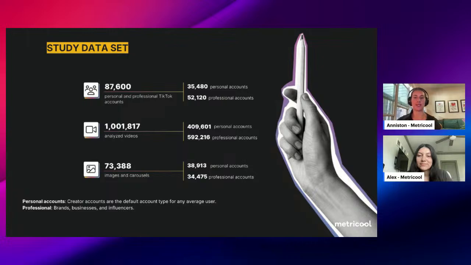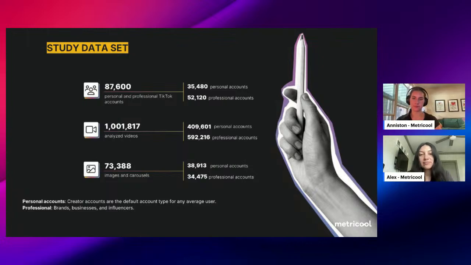So this is considered a personal account, and professional accounts are for brands, businesses, and influencers. So when we're referring to personal and professional accounts, this is what we're alluding to. It can get a little bit confusing because creator accounts are personal accounts, but just keep in mind if you are using TikTok for your brand, your business, or if you're a content creator or influencer, you more than likely will fall under that professional account category, whereas a creator account would just be your normal day-to-day TikTok account.